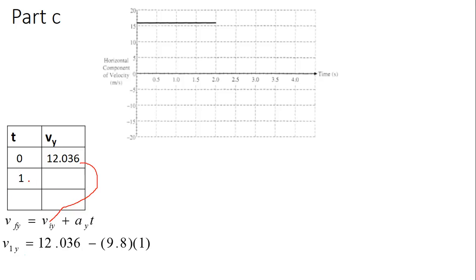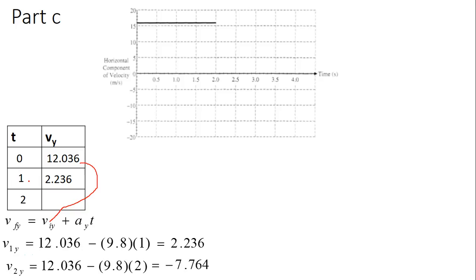So its velocity at 1 second is 2.236. I'll also find it for 2 seconds using the first kinematic equation again. So at 2 seconds, the velocity would be negative 7.764 meters per second.